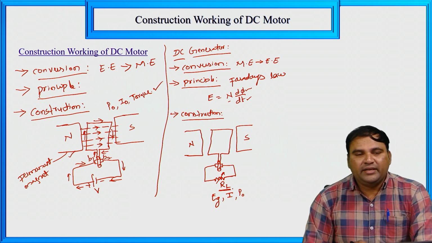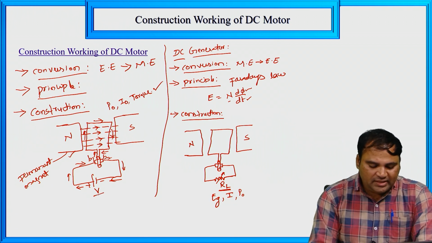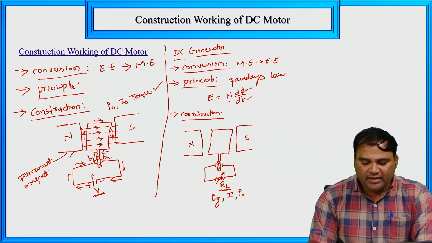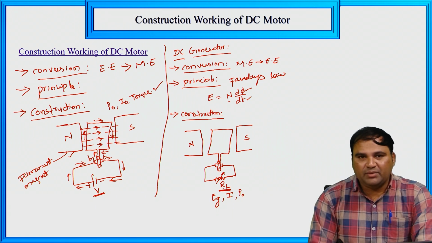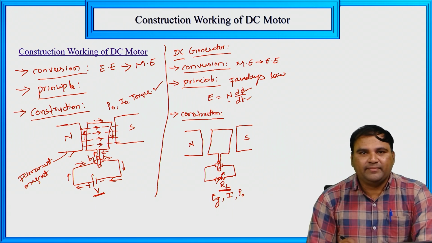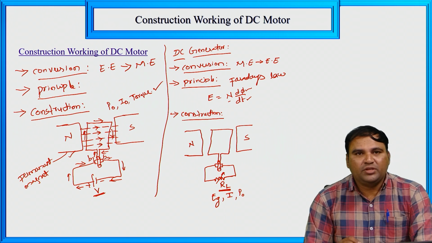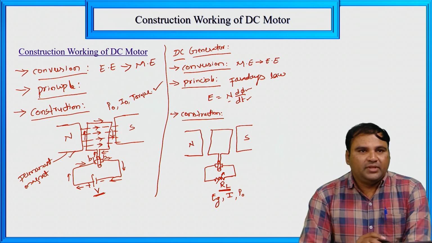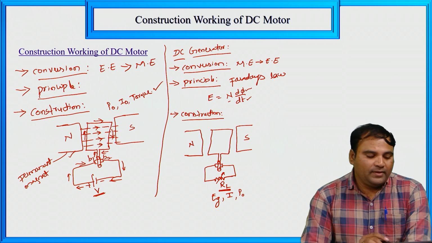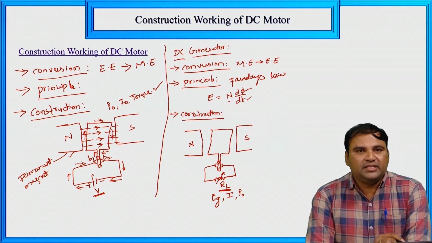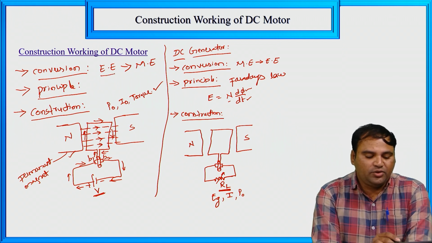Okay, here is the difference between the motor and generator. For the motor we give the DC supply, and for the generator we give the load in place of the DC supply. For the motor, the conversion is that it converts electrical energy into mechanical energy.